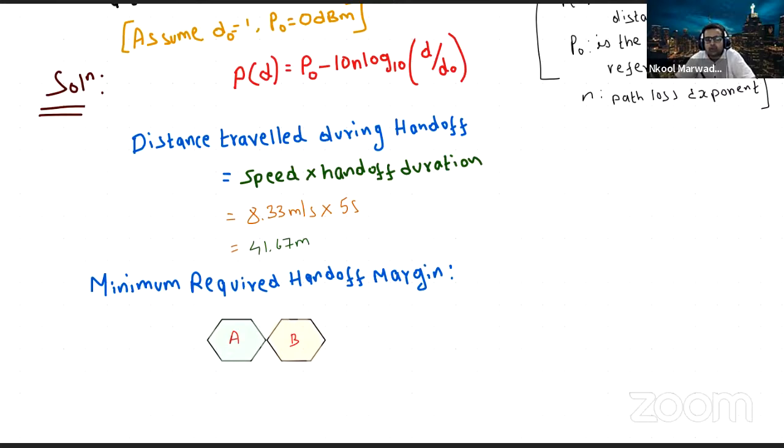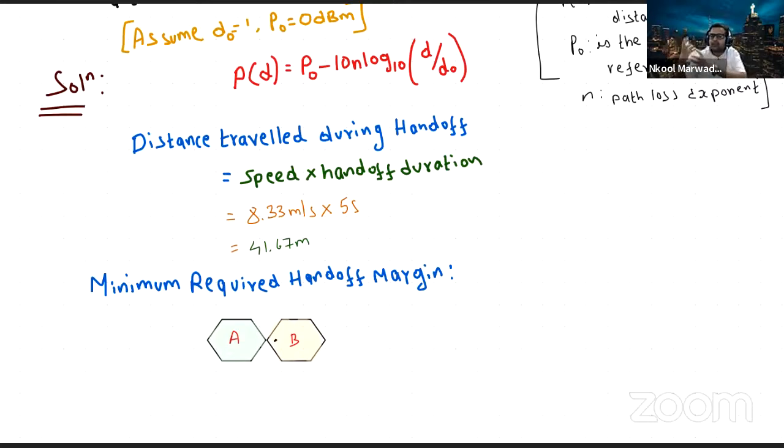Now, at this point, what is the power received? The power of the signals of A which the mobile station is receiving, minus the threshold. Threshold means the minimum power required from tower B to initiate the handoff. When I am moving from cell A to cell B, instantly I will not do the handoff.